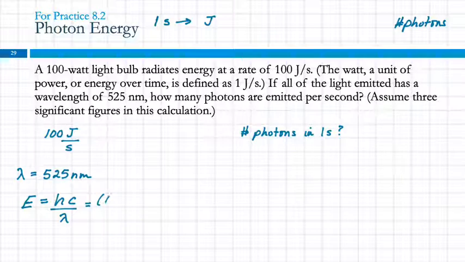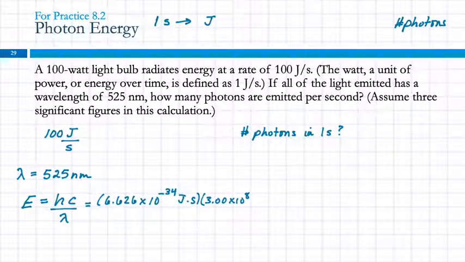So we need Planck's constant, 6.626 times 10 to the minus 34 joules times seconds, correct me if I get that wrong. And the speed of light, 3.00 times 10 to the 8th meters per second. And divide by the wavelength. Because the speed has meters in it, I want the wavelength to be in meters as well.